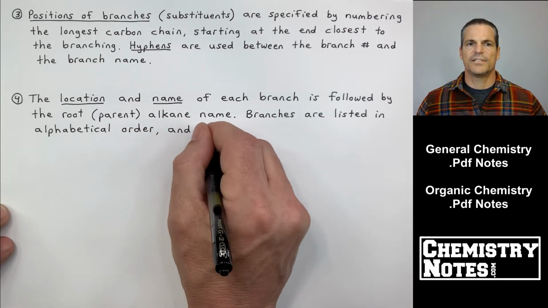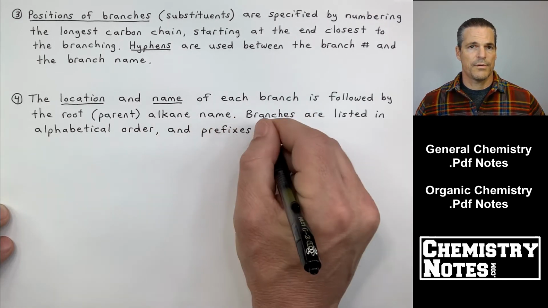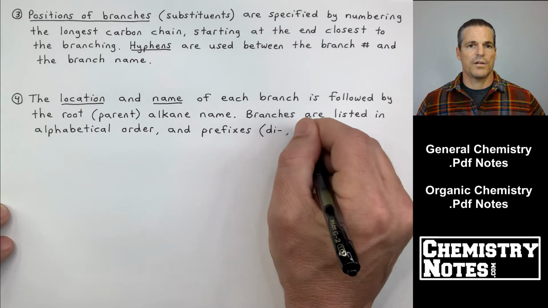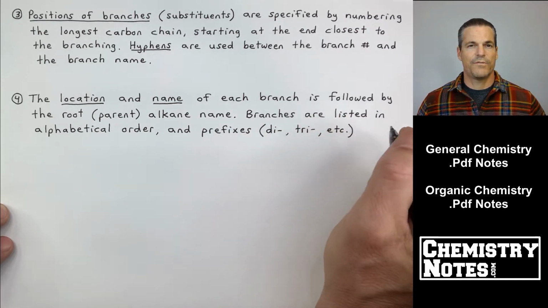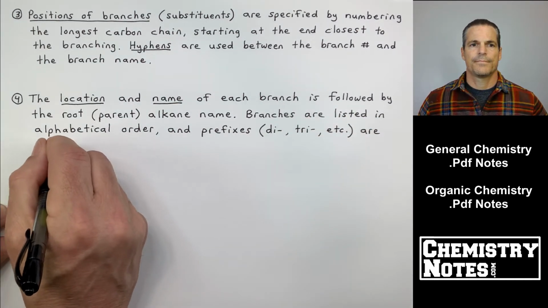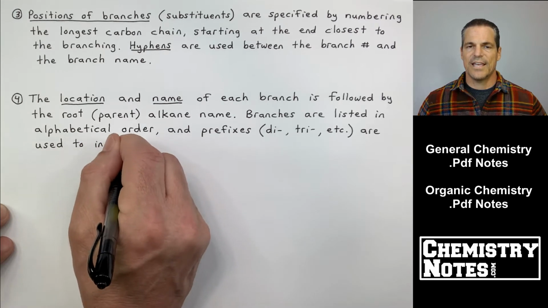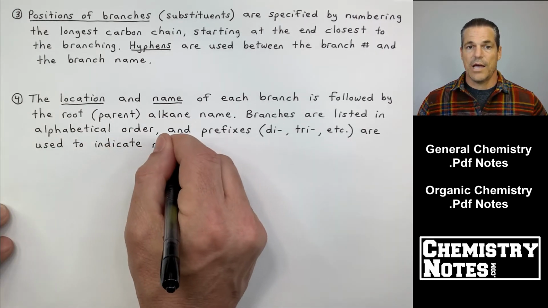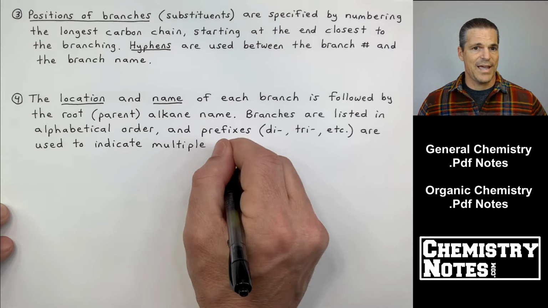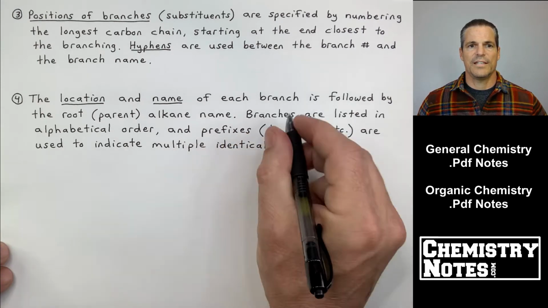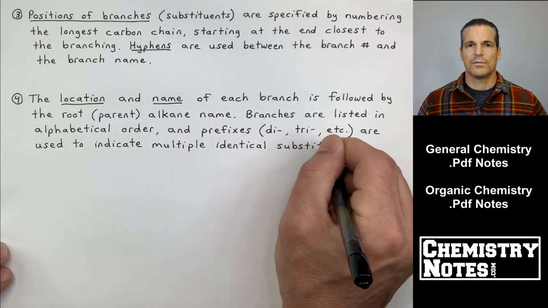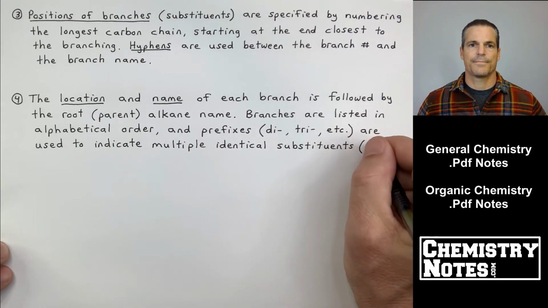The prefixes that we use are di, tri, and for 4, tetra. Those are used to indicate how many of those particular branches we have, that is, multiple identical substituents or branches.